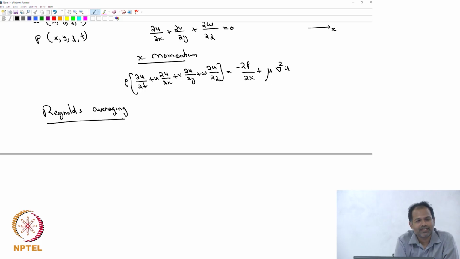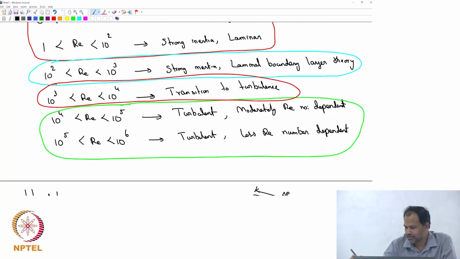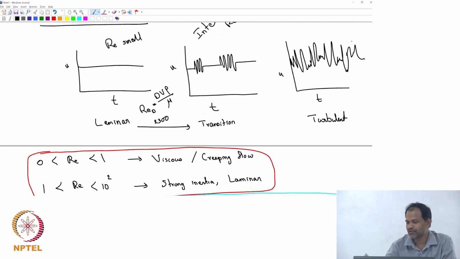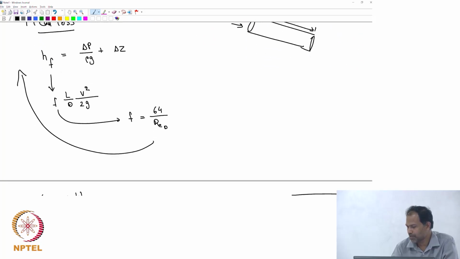What he said is this: let us say you have a flow where the velocity field was continuously fluctuating. We do not know any function that can exactly prescribe those fluctuations, but why should we care? Let us only worry about a mean value, because we are only interested in the mean value. So, let us write down everything in terms of a mean velocity, because that is what is going to interest us. That means we need to define a mean velocity from an exact velocity.